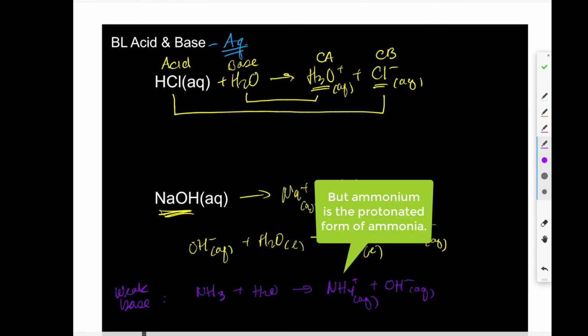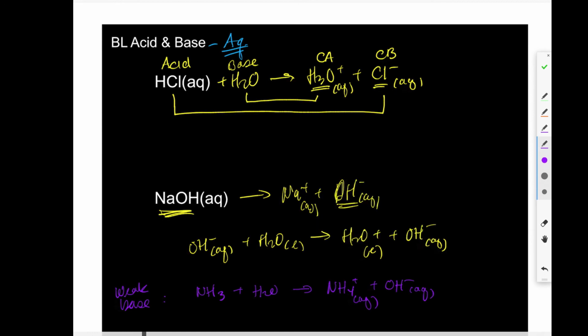Where if we look at that, now we can do our conjugate pairs, right? Where this and this differ by one proton, where this has one more proton and this one has one less proton, which means this is my base and this is its conjugate acid. Here, that means this is functioning as an acid, and this is its conjugate base. Yes, does that make sense?